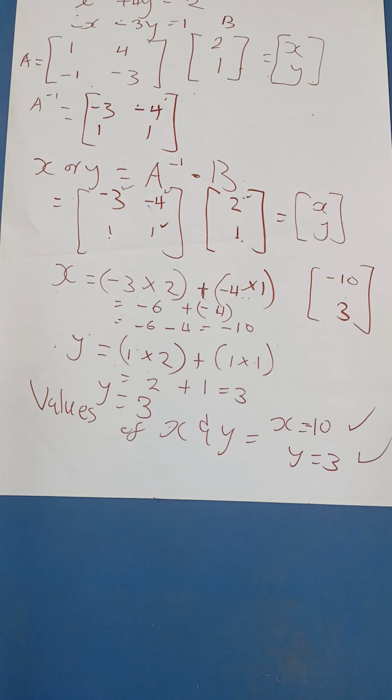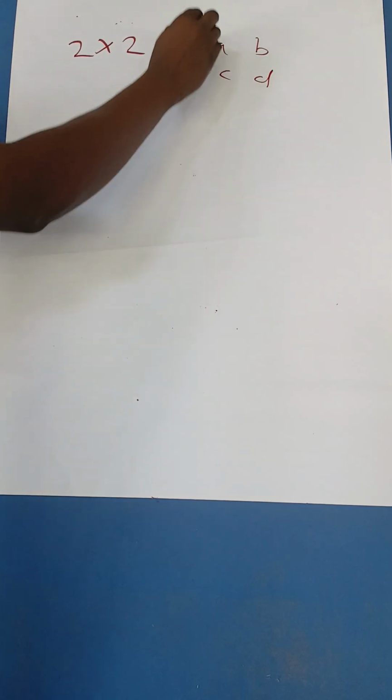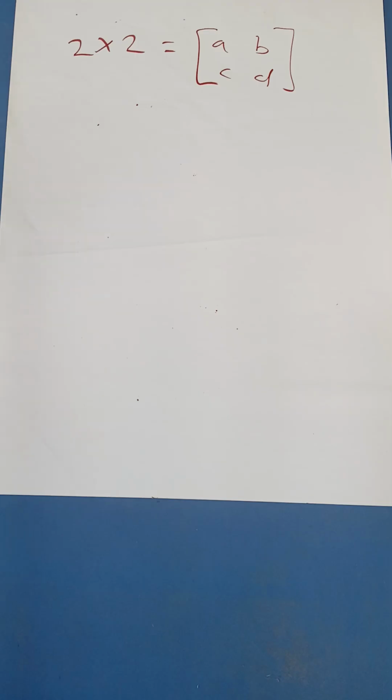So in our next video, I'm coming to show you how we can find the inverse, determinant, adjoint, and even find the values of x and y in a 3 by 3 matrix. What do I mean by a 3 by 3 matrix? Let me show you a 3 by 3 matrix so you don't miss the class. You have seen our 2 by 2 matrix. It looks this way: A, B, C, and D. This is our 2 by 2 matrix, and you have seen how we have solved up to finding even the values of x and y.